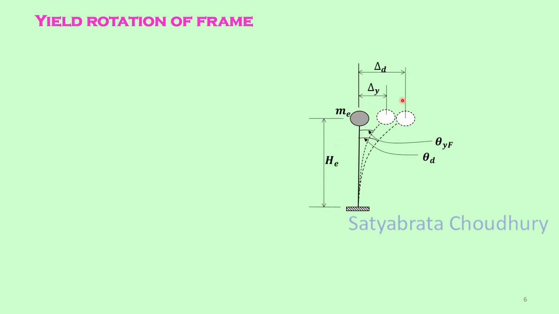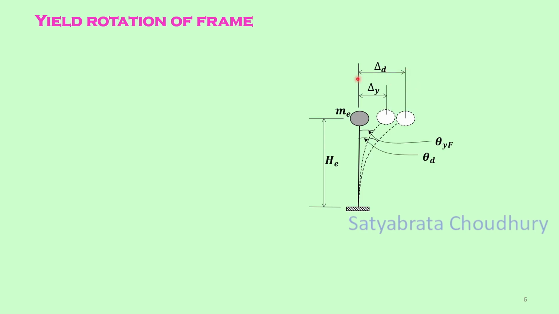So we have this single degree of freedom system, and it is suffering a linear displacement delta D at the top corresponding to the design drift in angular form theta d. We have seen in the last slide that delta d equals theta d into HE. This is the total displacement it is suffering, and this is also called design displacement delta d.